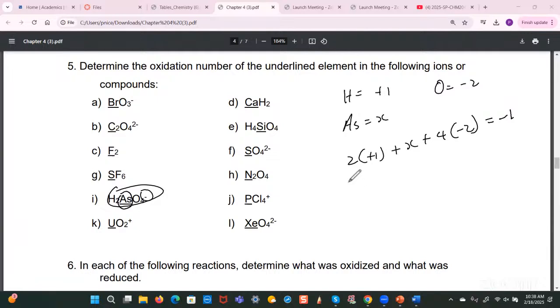And then all you have to do is solve for X, right? So this would simplify to 2 plus X minus 8 equals -1, which means that X would be equal to -1 plus 8 minus 2. So that's 8 minus 1, that's 7, minus 2, plus 5. So the oxidation number of arsenic in that case is +5.